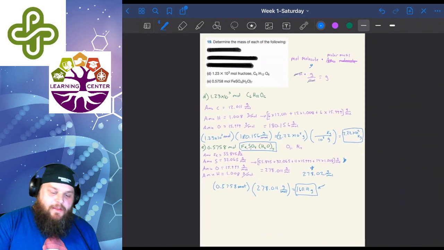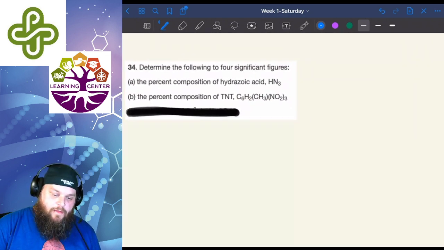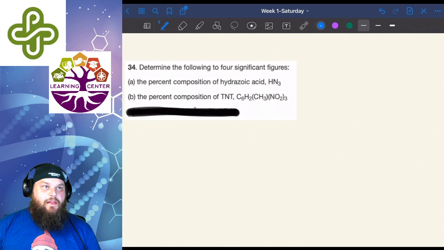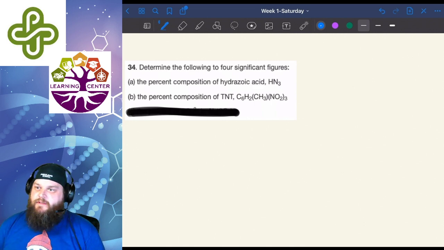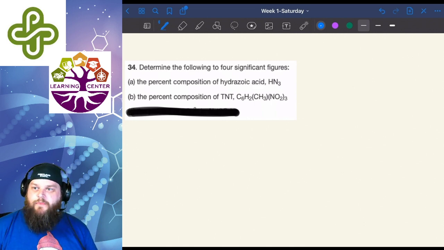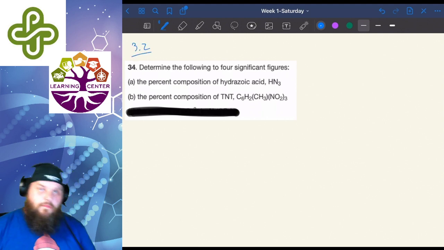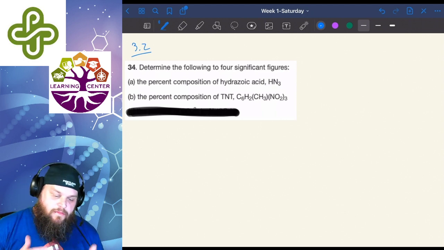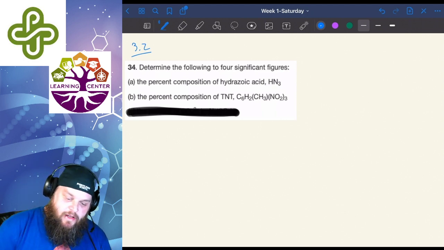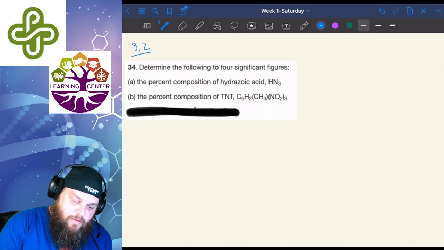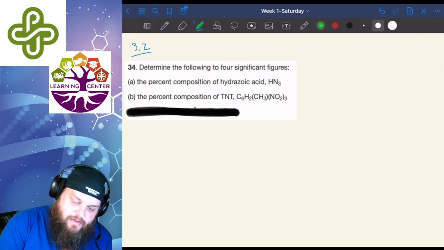So the next thing we're going to do, one of the most key things we can do, is determining the empirical and molecular formulas. So we're going to start out with the percent composition. Okay. This is in 3.2 now. So to determine the percent composition of, I'm going to skip to just this one because I'm starting to run out of time.